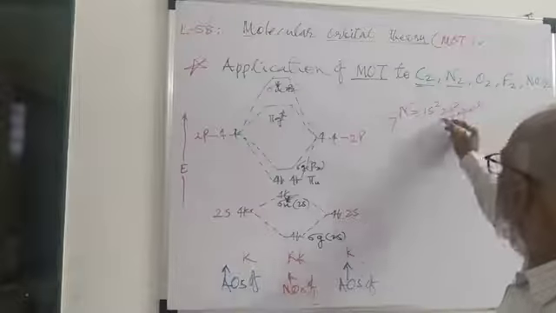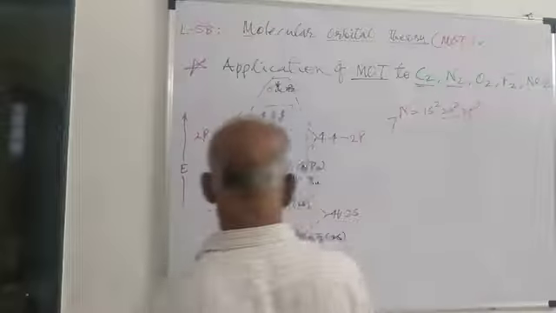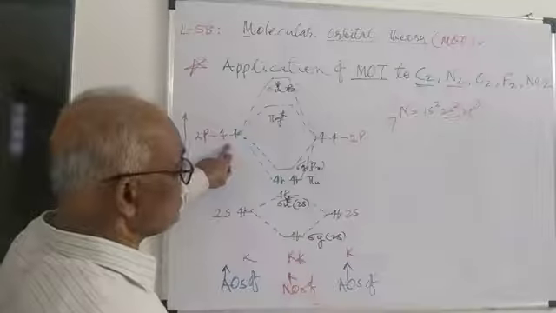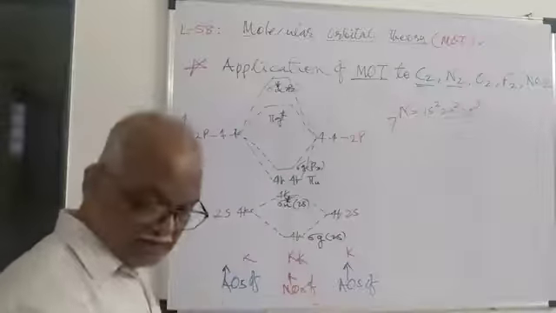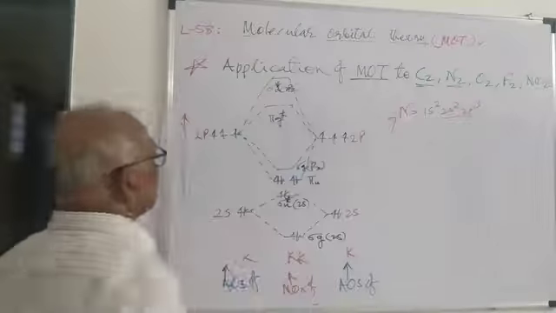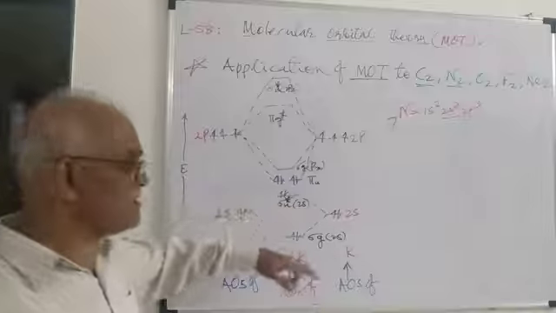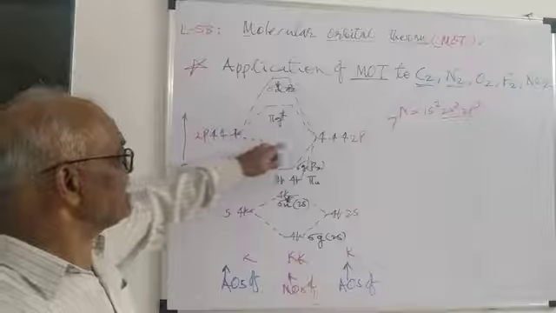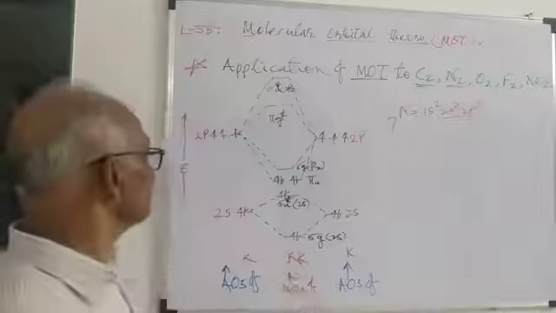So the valence shell has a structure like this. There is one more electron added in each atom, but the remaining configuration is the same as in C2. Now we are showing one more electron in each of these 2p levels.